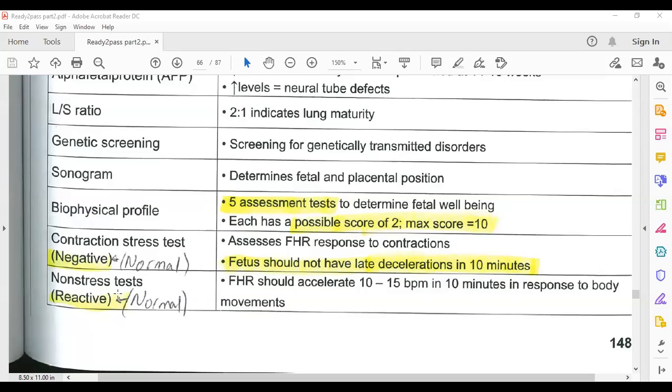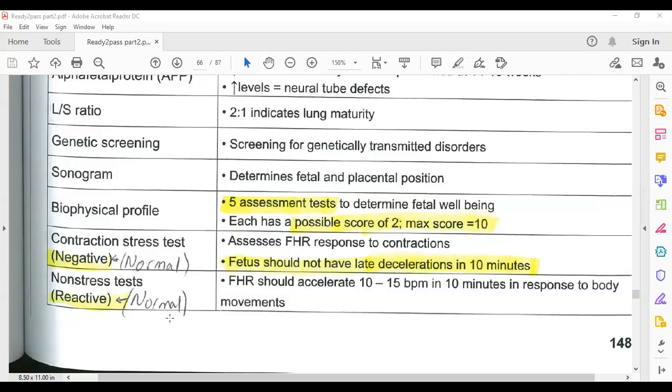If the non-stress test is non-reactive, it means abnormal findings. Non-reactive means the fetal heart rate does not accelerate sufficiently with fetal movement, and further assessment is needed.